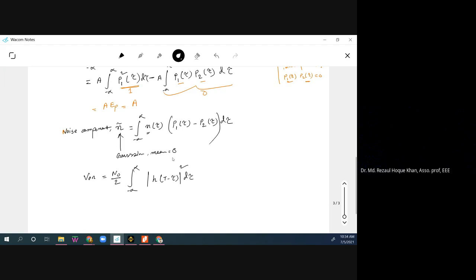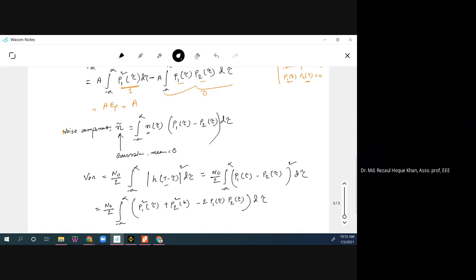Replacing h with p1(tau) minus p2(tau), this is N0 by 2 times the integral of the square, which is p1 squared(tau) plus p2 squared(tau) minus 2 p1(tau) p2(tau) d tau.